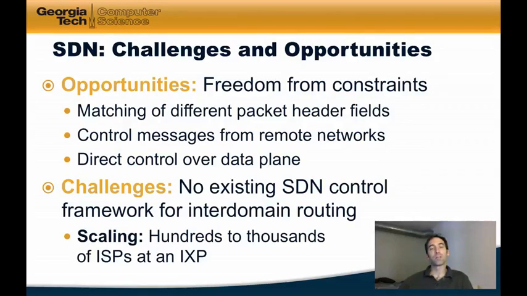Unfortunately, there are also challenges to deploying SDN in an internet exchange. There is no existing SDN control framework for interdomain routing, and even if there were, deploying such a control framework poses significant scaling challenges, since that controller would have to handle routing for hundreds to thousands of ISPs that connect at the internet exchange point.